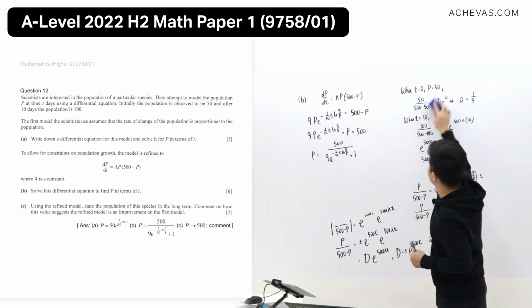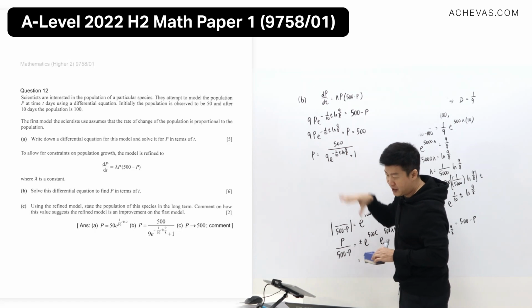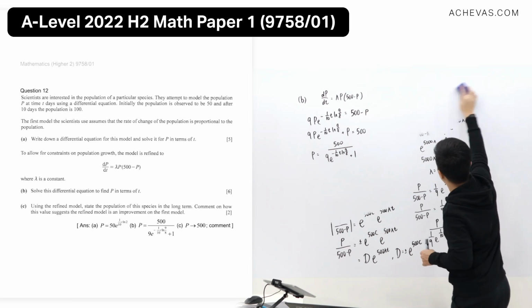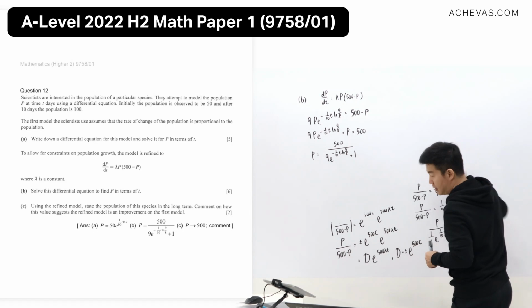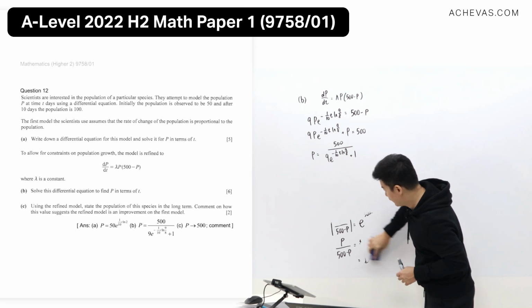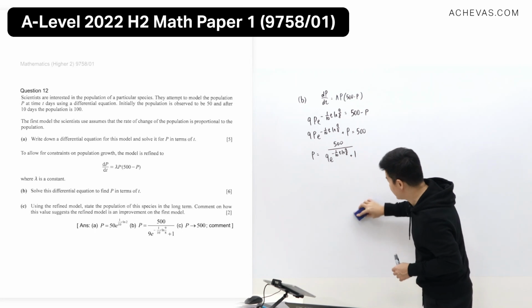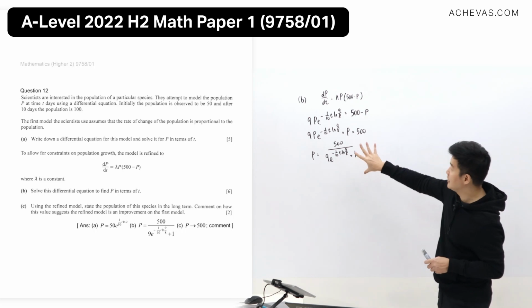In the last part of this question, we are supposed to try to make use of this refined model and try to guess what is the population of the insect in the long run. So for long run, we are going to interpret it from the math perspective as when t goes to infinity. This is the refined model.